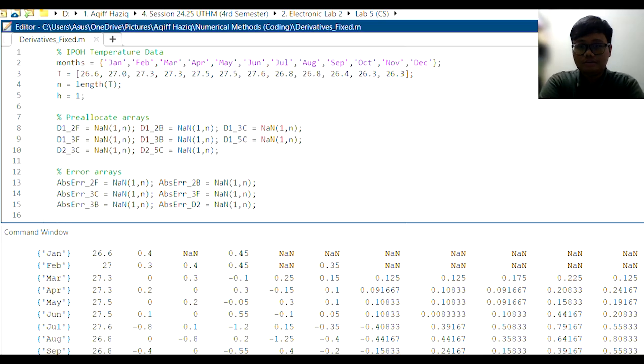So in order to do numerical differentiation on monthly temperature data for Ipoh, the following MATLAB script was created. The first and second derivatives are calculated using finite difference techniques, and the quality of these techniques is assessed by comparing the absolute error.